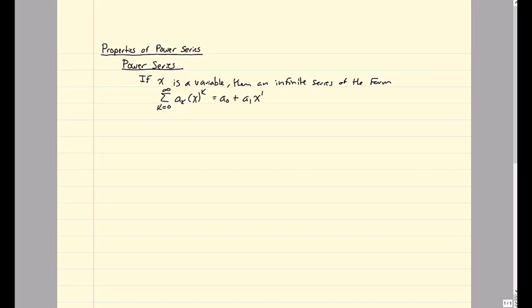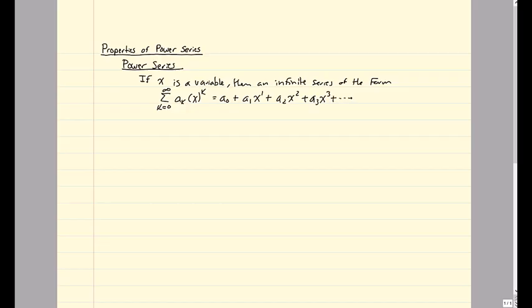When we talk about a power series, it's kind of based on a geometric series. The formal definition is if x is a variable, then an infinite series of the form, and this is kind of the important part here, this should look a little bit familiar to you: the sum from k equals 0 to infinity of a sub k times x to the k, and only the x is raised to the k here, is equal to a naught plus a sub 1 x plus a2 x squared plus a3 x cubed.